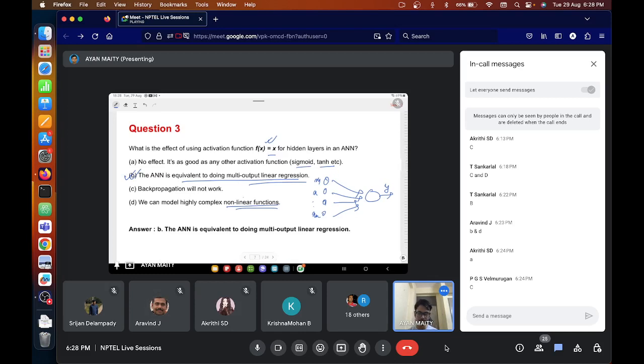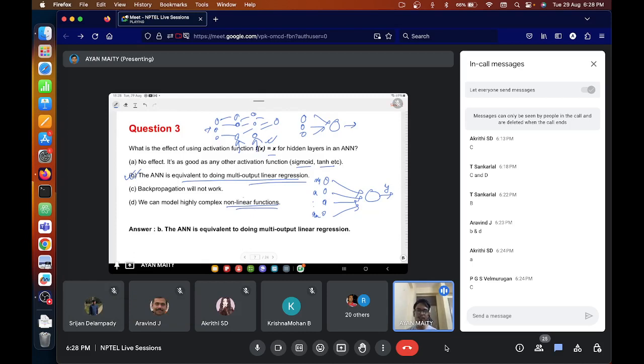That is the key. Even if we put multiple hidden layers, so this is the input layer, and we put multiple hidden layers and the output layer, and apply the linear activation function in these hidden layers, it would be the same as having no hidden layer, with all inputs going to the output, like linear regression or logistic regression in case of classification. So applying this linear activation function makes the neural network completely linear in nature.